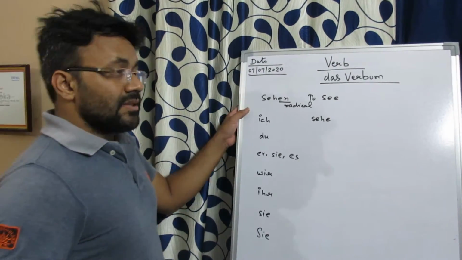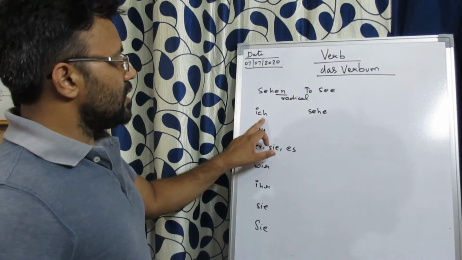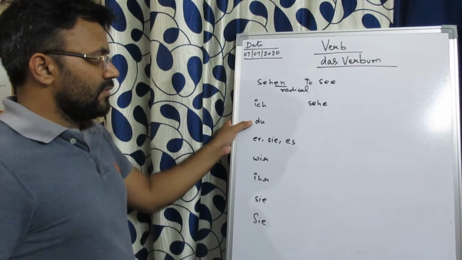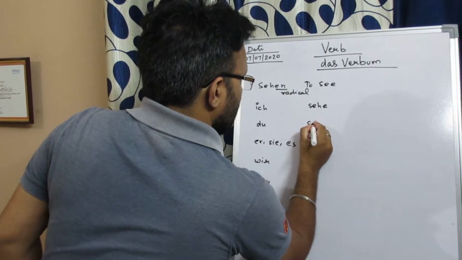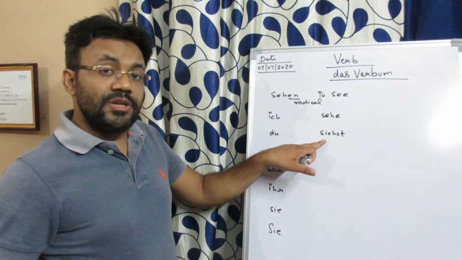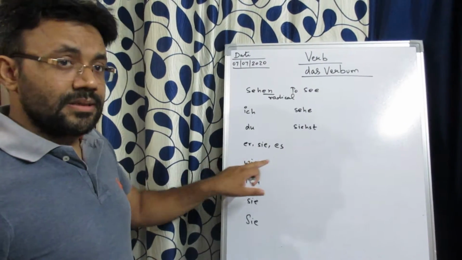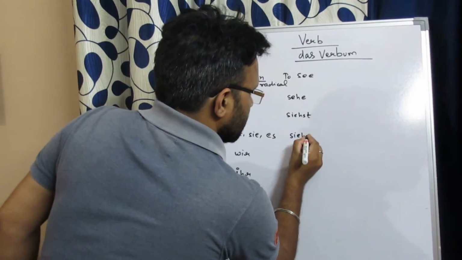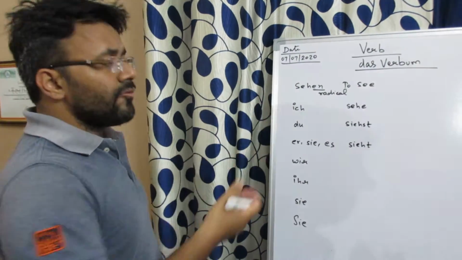Here this n is the radical, so with ich we write sehe. Next, with du, it looks like siehst. Then with sie, es, it looks like sieht. So there are certain changes happening in the original form of the verb.